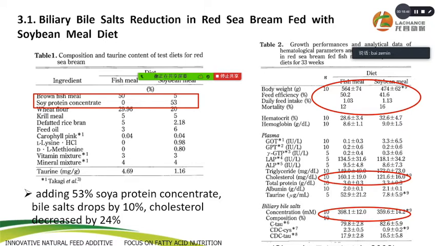Definitely, we found if the feed has more than 40% soybean protein, soya protein, and we don't add bile acid, the growth rate will drop, which is similar to this one. Okay, we will optimize the concentration, and so many jobs need to be done.